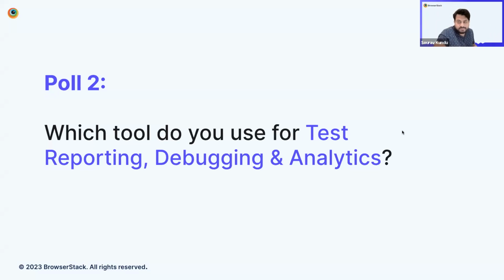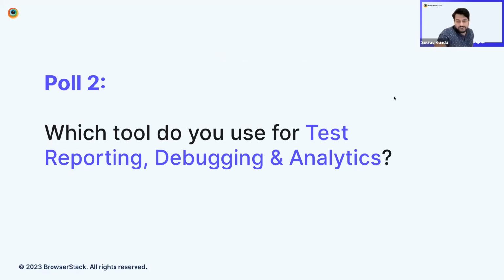Or are you using some other kinds of third-party tools? I'll spend a few seconds here, and then we'll move on. This answer is for us to understand what you do today, and to be able to create better products and help the entire testing community. I think that's the motivation behind this question.